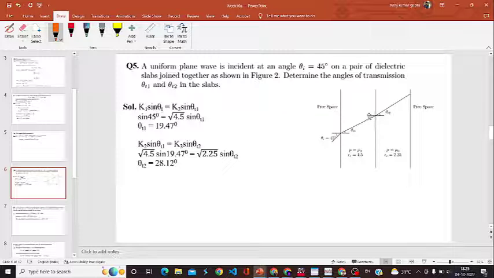Okay, so here the incident angle at boundary 2 will remain the same as theta t1, which is equal to 19.47. Now by using this we can determine the value of theta t2. So we will use the same expression that we have utilized previously. Here only the propagation constant will be changed, because in media 2 we have already seen that it will be equal to root of 4.5 times K1.